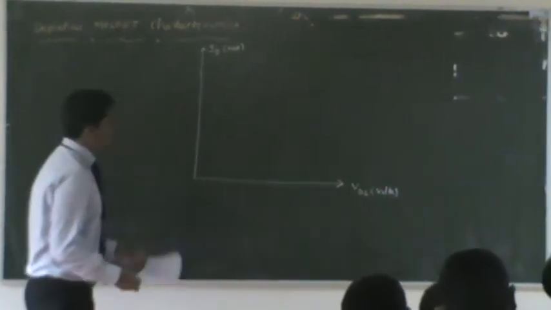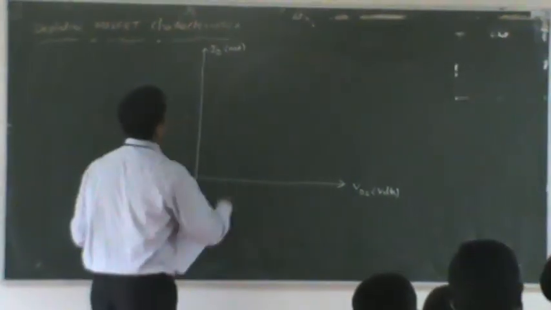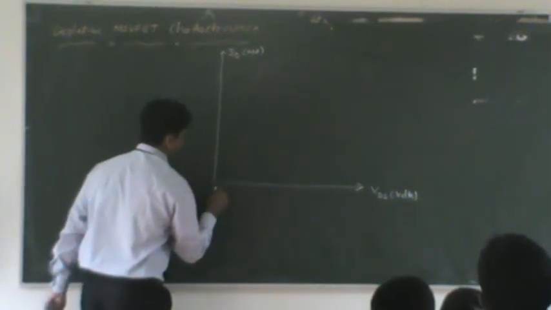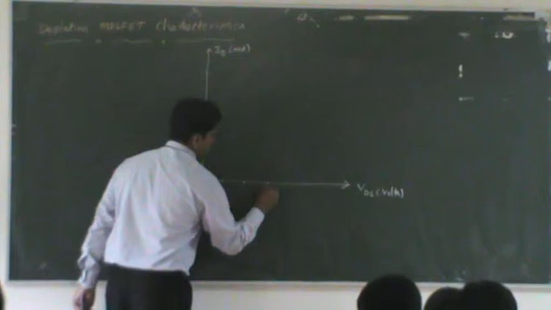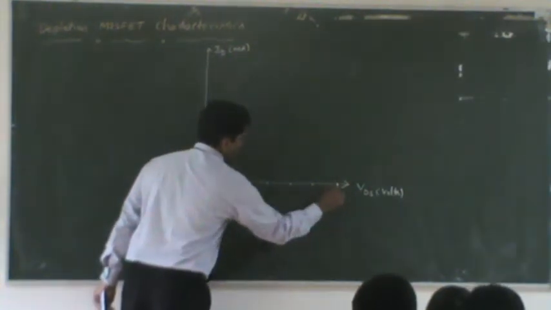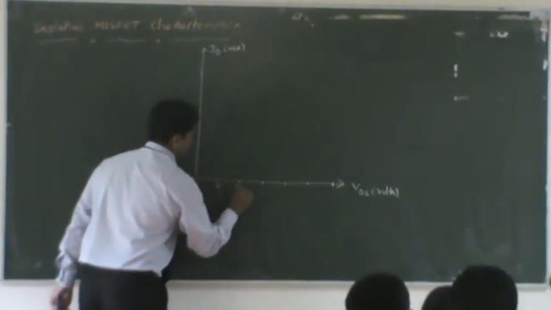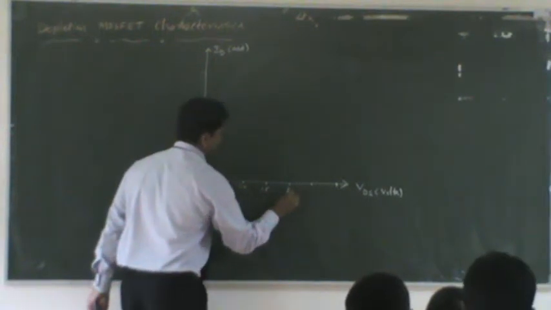Here the x-axis is VDS, which is going to be in volts. Y-axis is drain current, which is in milliamperes. You can make scales in terms of 5 volts: 5, 10, 15, up to 25 volts.